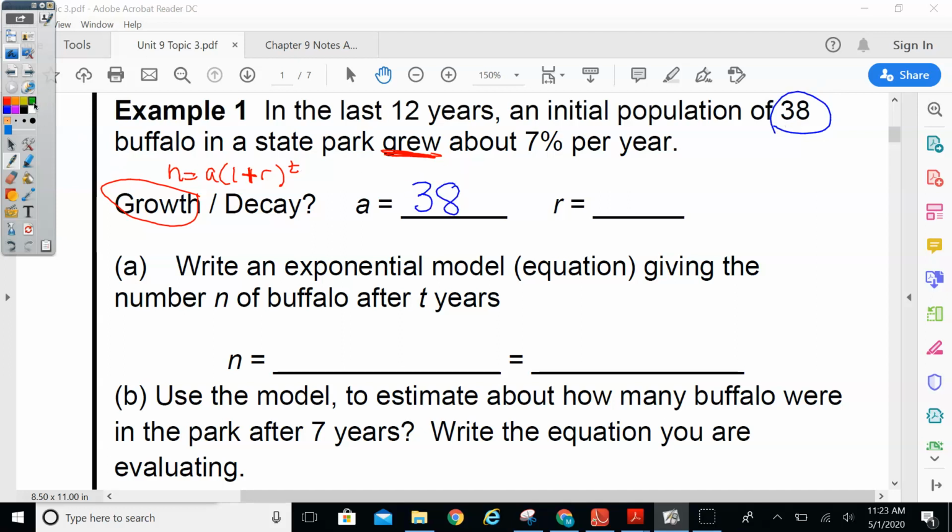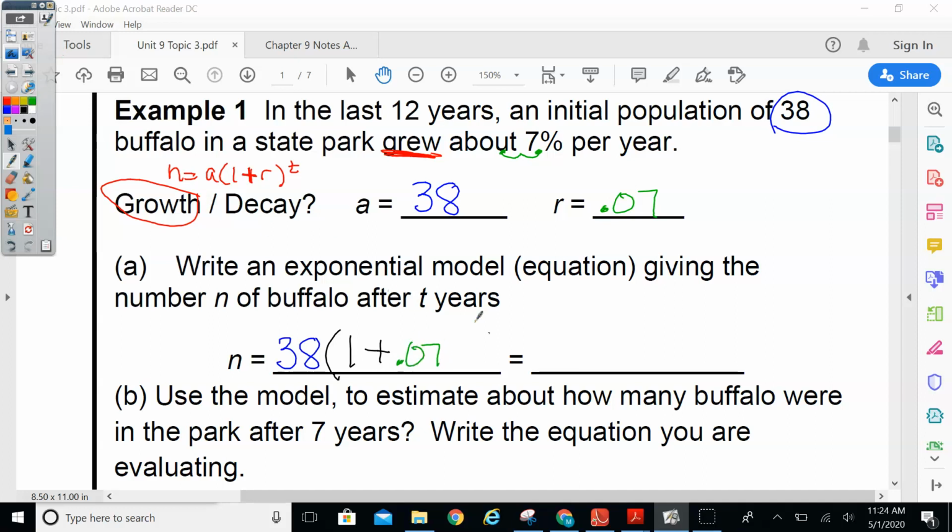And R is your percent, but you want to change this to a decimal. So if it's 7%, if you divide that by 100, you get 0.07 as your decimal. Okay, so what's our model? That's just plugging in the A and the R in this equation. So N equals A, which is 38, times 1 plus R, which is 0.07.